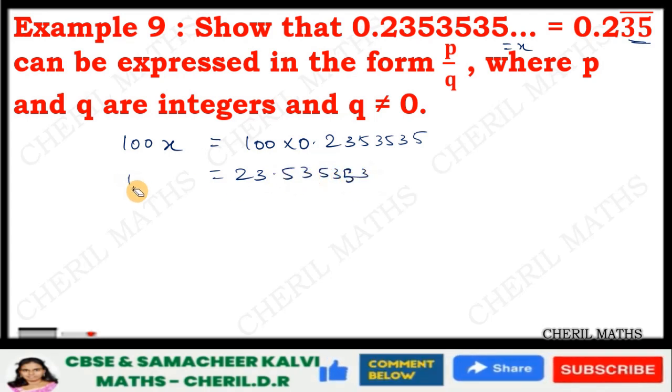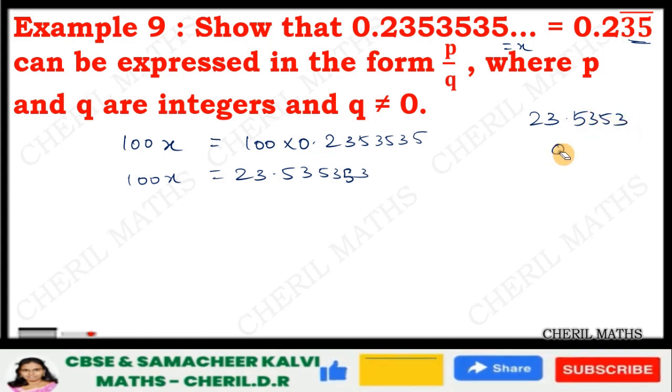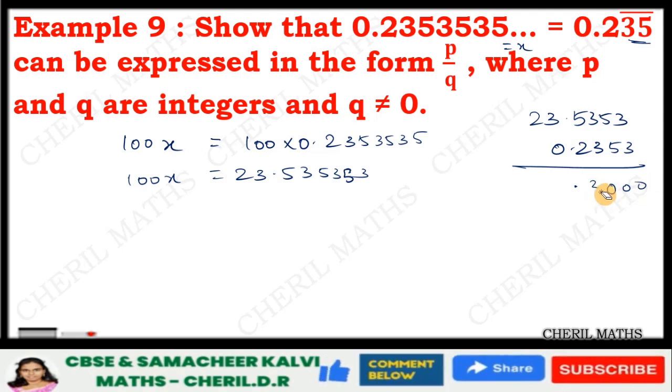Then you converted it by subtracting 0.23535 from 23.5353. There you got 0 0 0 3 and then 3 and then 2.